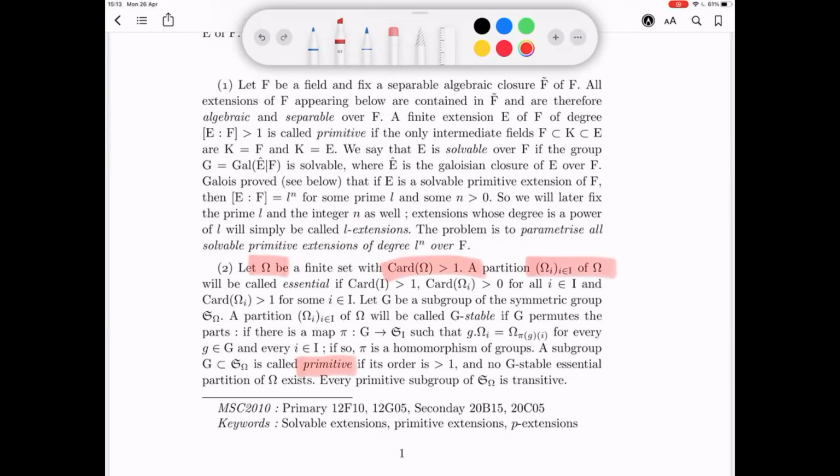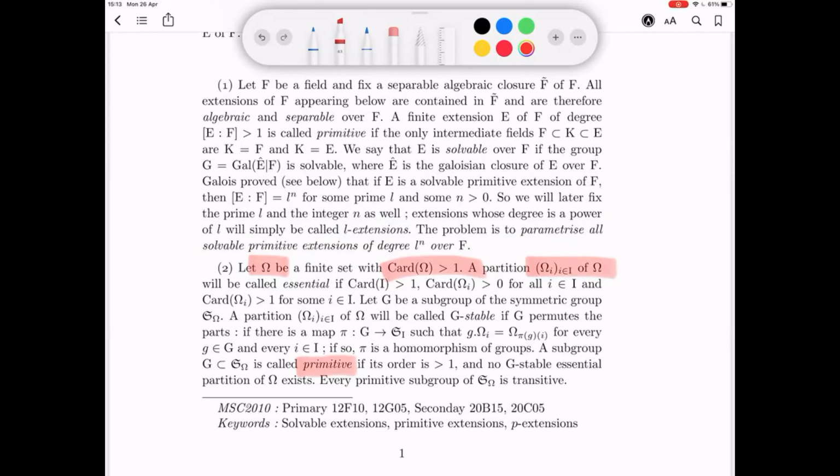Then what is a partition of omega? A partition of omega is just a family of subsets of omega, none of which is empty, any two of which are disjoint, and the union of all of which is the whole of omega, right?